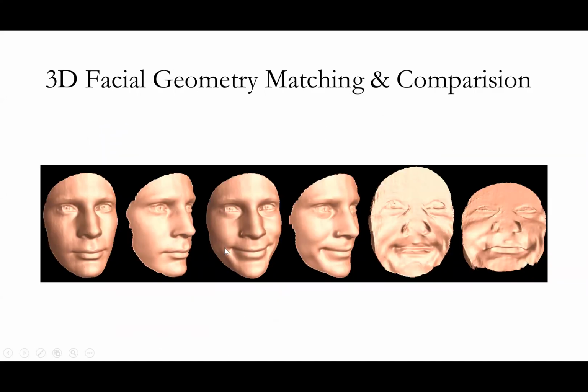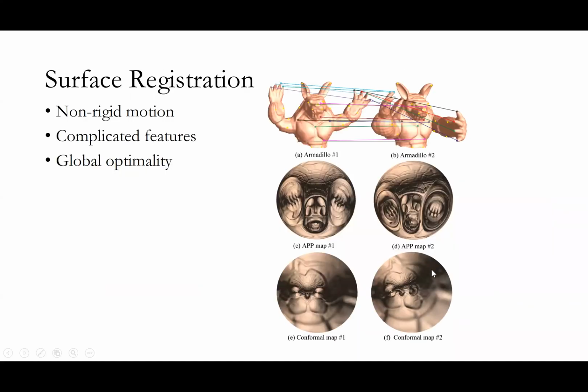Okay, then suppose we have the same face with a different expression, we can calculate the deformation. So the deformation gives us information for the expression. So here we show another challenging example. We have this armadillo surface. Then we flatten it to the 2D plane here. So this is a conformal mapping.